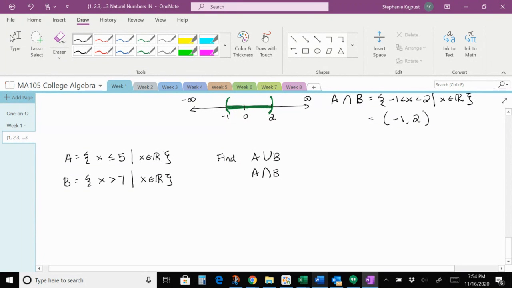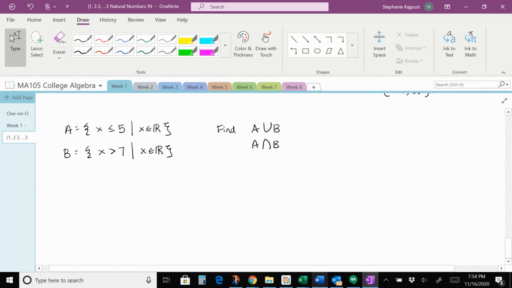So again, I'm going to make a number line and graph these out so that I can visualize these things. So I've got 5 and I've got 7. I'm less than or equal to 5, so at 5, I'm going to the left, and it's an equal to, so that's a bracket. And then I've got greater than 7. Greater than is a parenthesis, and we're going to the right.